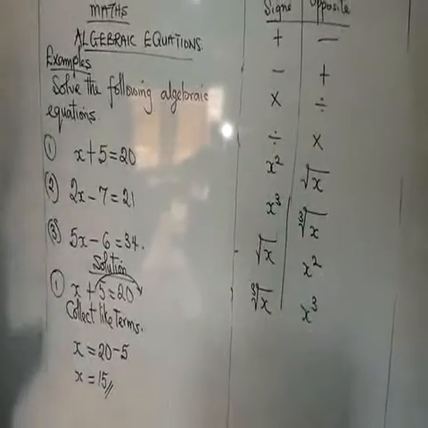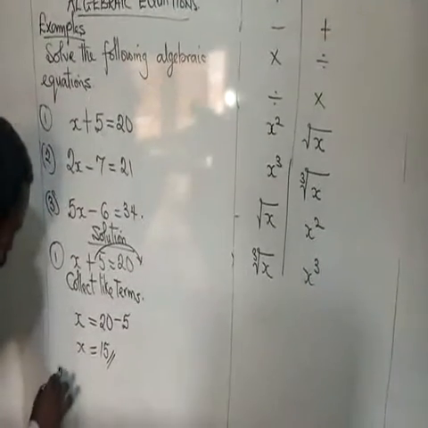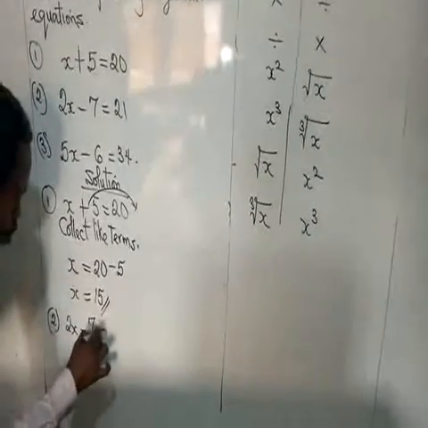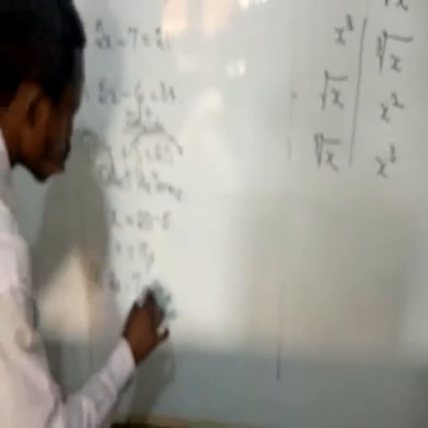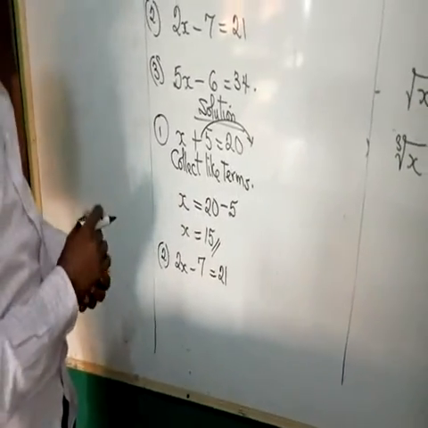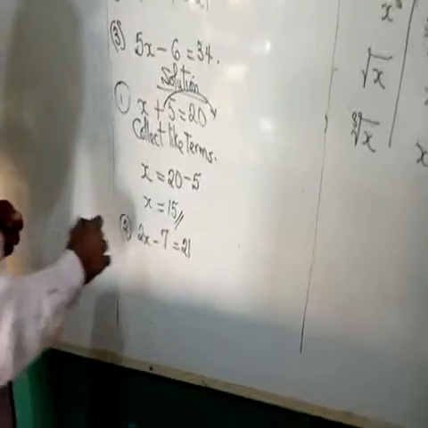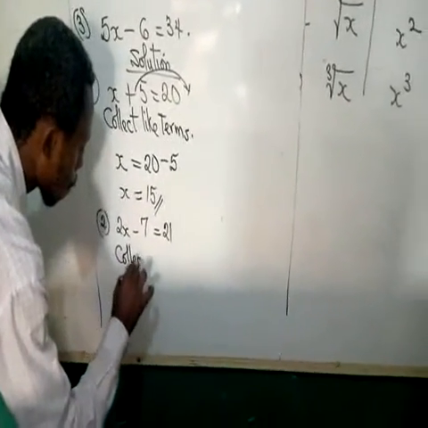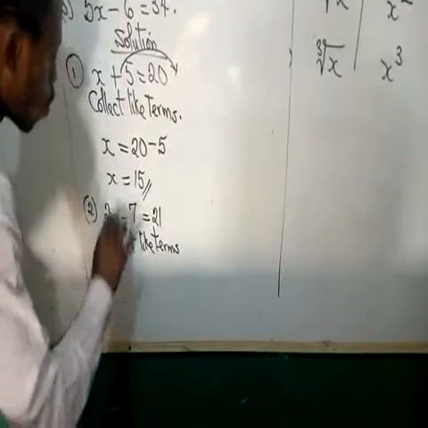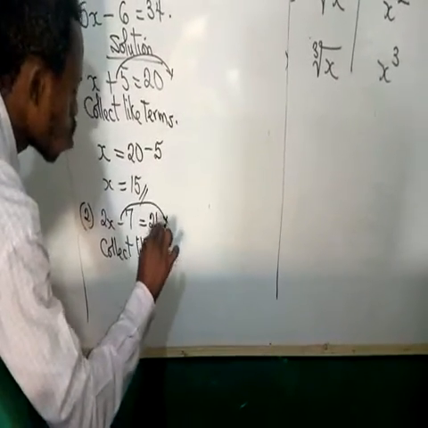Now, let's look at number 2. 2x minus 7 equals 21. Step 1. What do we do? We collect like terms as usual. Now you move your 7 to the other side.